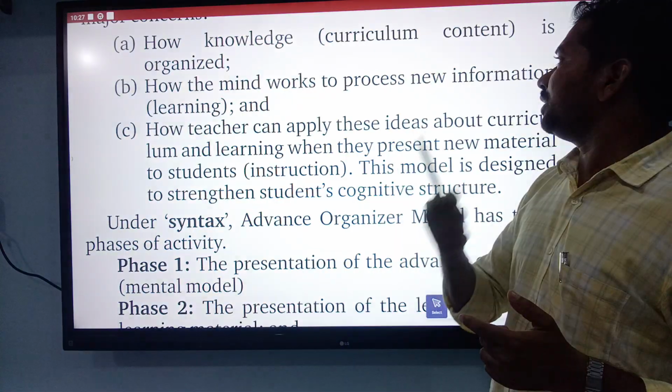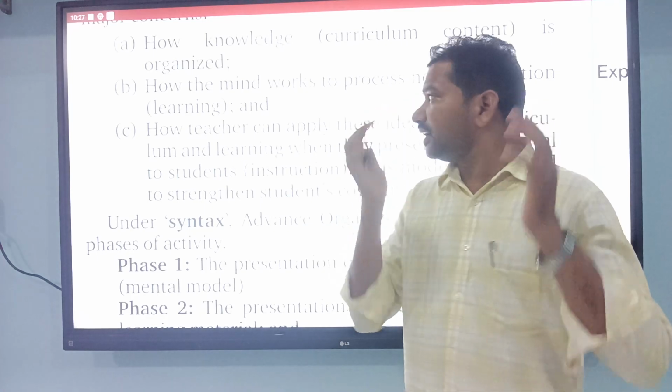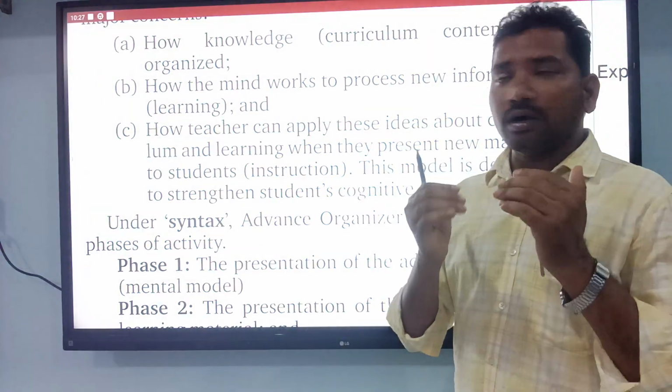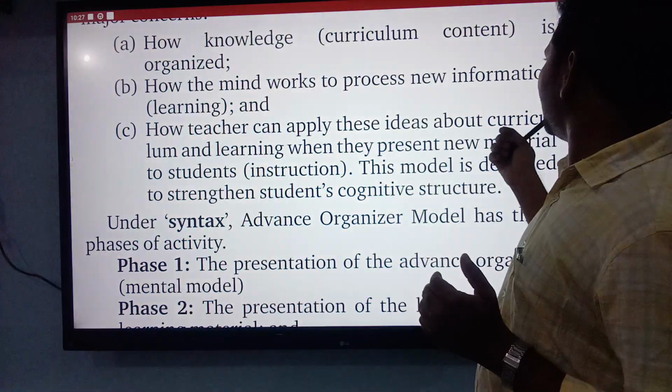Second is how the mind works to process new information, how the mind works to organize learning.